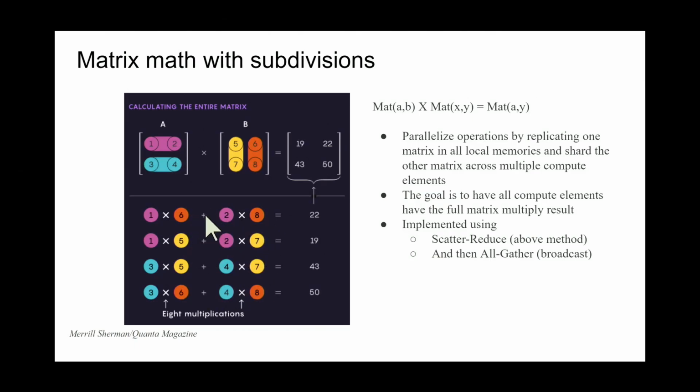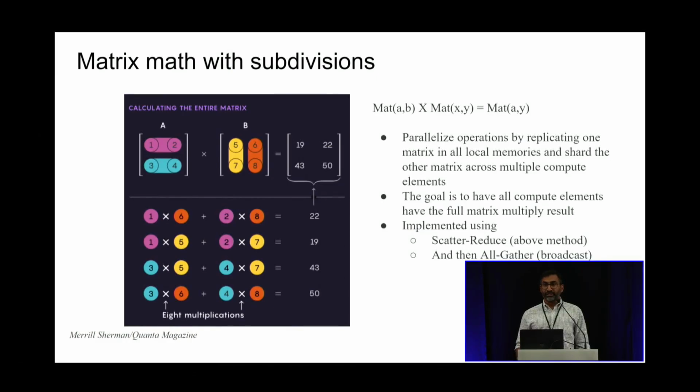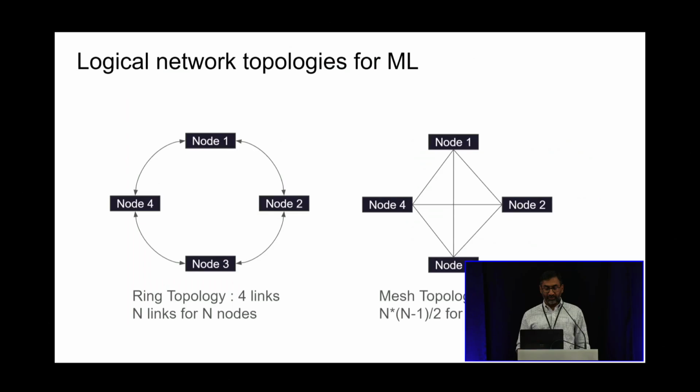Then you have to add them up, as shown by this addition sign, to get the final result at a particular row and column. This is the essence of the problem with machine learning. A very common and popular system used for this kind of matrix sharding and reaccumulation is called scatter reduce, which is then followed by an all gather operation.